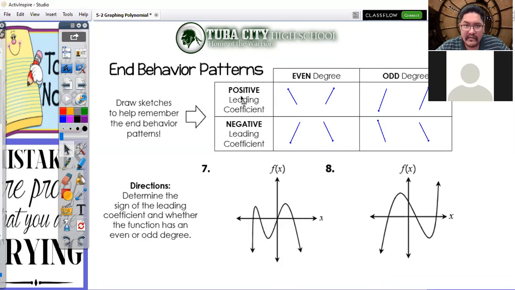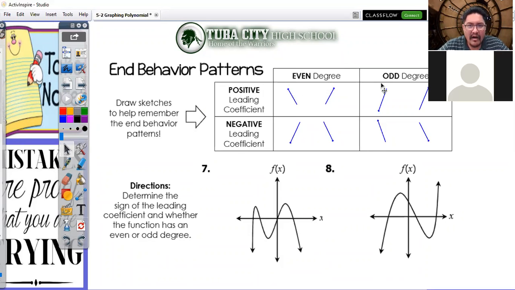For this one here, this is like that first problem, number 1, where we had that W looking thing that comes down, up, down, and then up. But it came from the top and left to the top. So it came from positive infinity and ended going towards positive infinity. So there you go, that's that one.